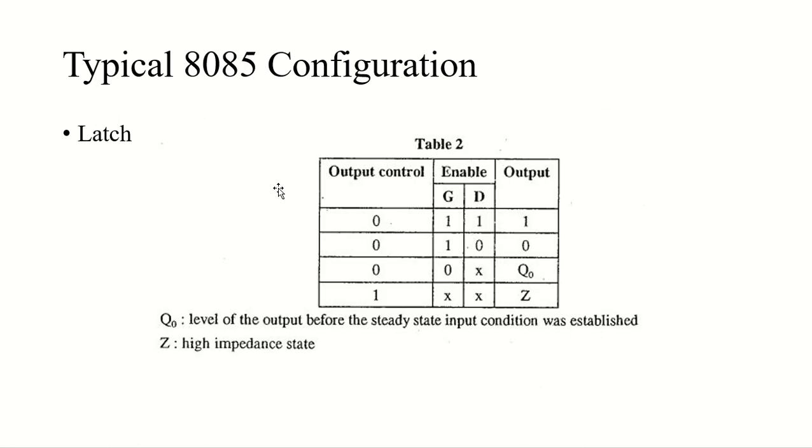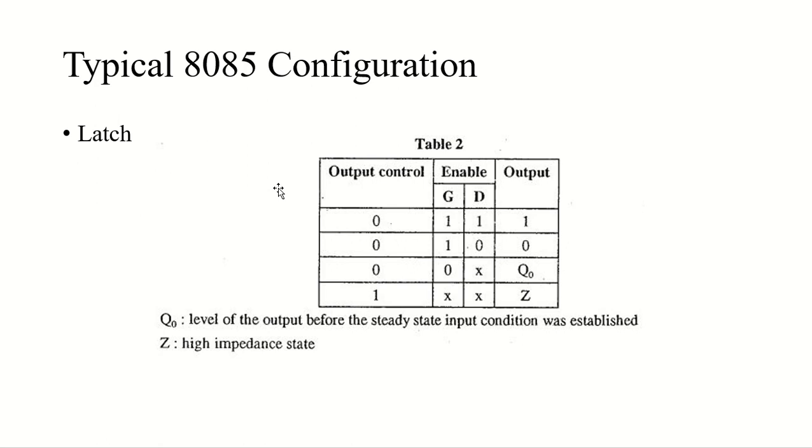So see, when G is 1 and D is also 1, the output is 1. Output control is 0. When G is 1 and D is 0, it will follow whatever D has, so 0 again. When there is no input from D and G is 0, then it will hold the previous output Q0, the level of the output before the steady state input condition was established.